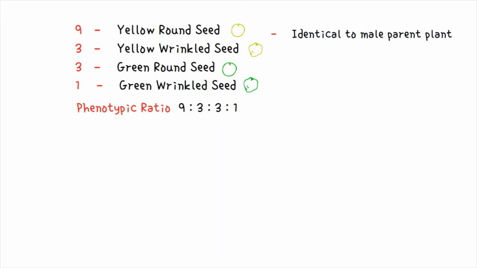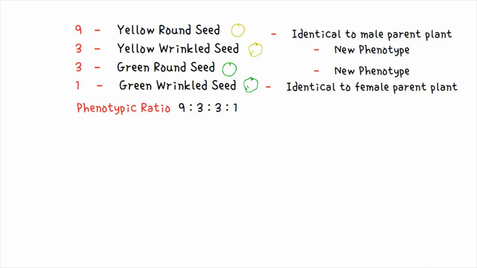In these F2 generation plants, we have two plant varieties that are identical to the parent plants, and two new phenotypes appeared in the F2 generation plants.